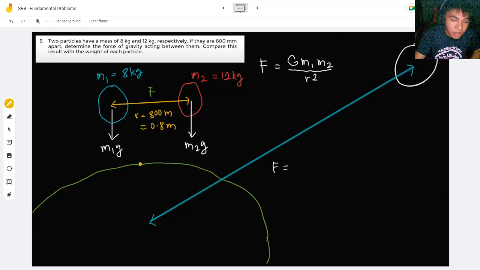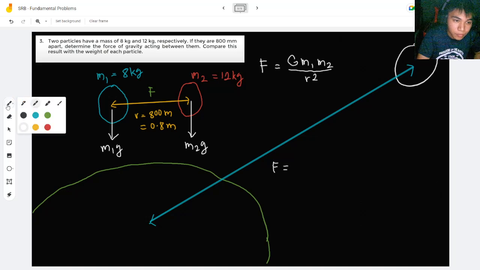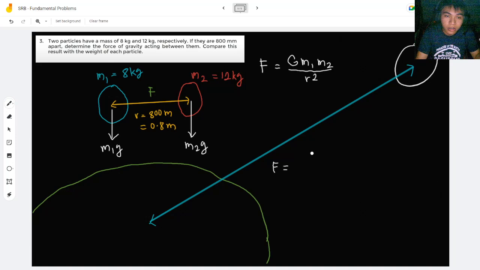Now if you are pursuing any physics course, the universal gravitational constant is 6.67 times 10 to the negative 11th power newtons times meter squared over kilogram squared.